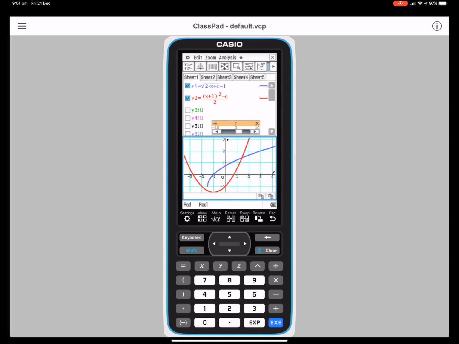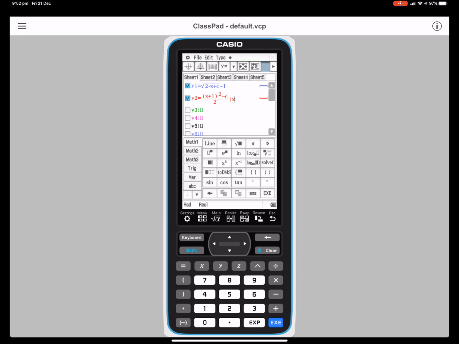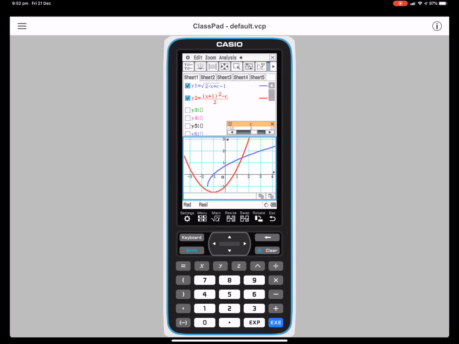Now if we sketch both of them, we can say given x is greater than or equal to negative c divided by 2. It doesn't really matter, I don't know why that's not working.